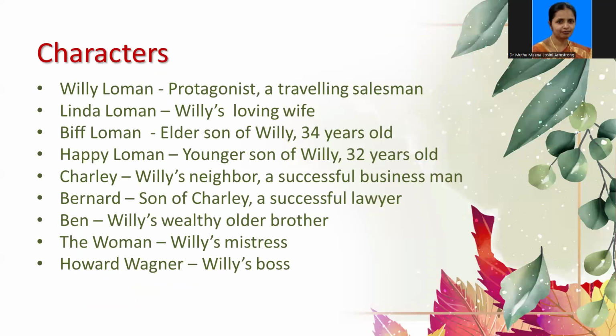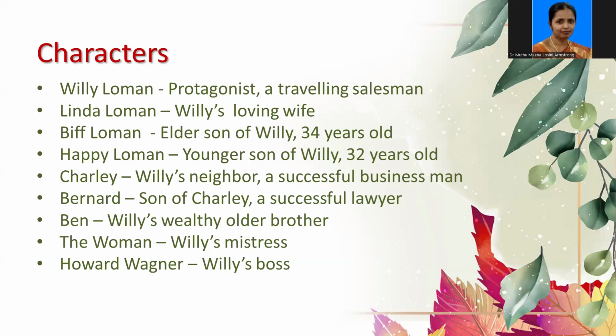And these are the characters in the play. Willie, the protagonist, who is the salesman, and based on this main character, the play is entitled Death of a Salesman. So the title itself indicates that it's a tragedy. It ends with the death of the protagonist, Willie Loman, and his wife, Linda Loman, and they have two sons.